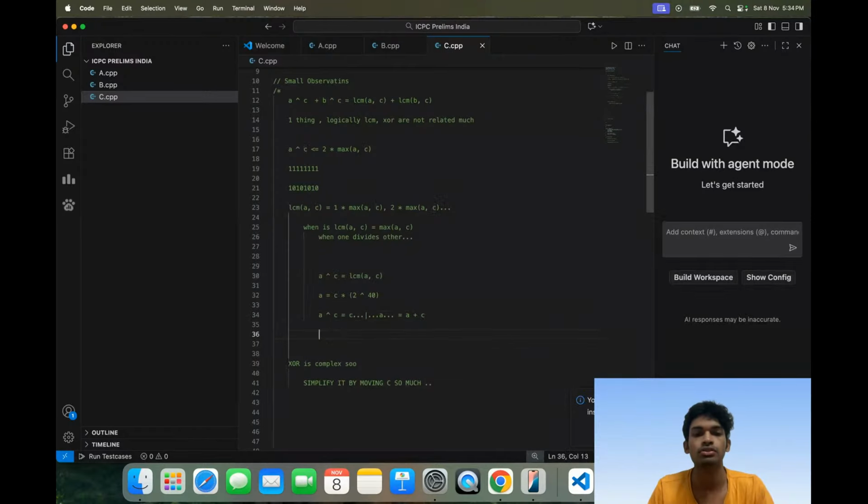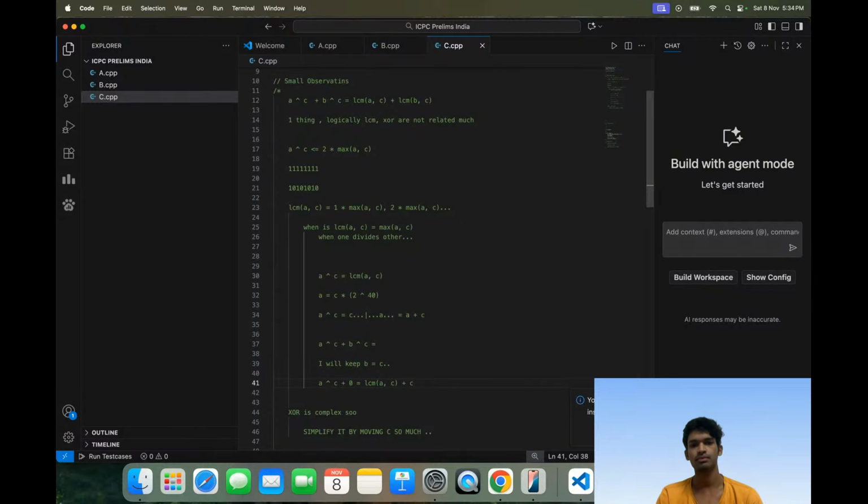How? So now I will keep A XOR C plus B XOR C, right? I will keep B equal to C. Now what happens? If I keep B equal to C, this will become 0. It will become A XOR C plus 0 equals LCM of A comma C plus C. Do you see?